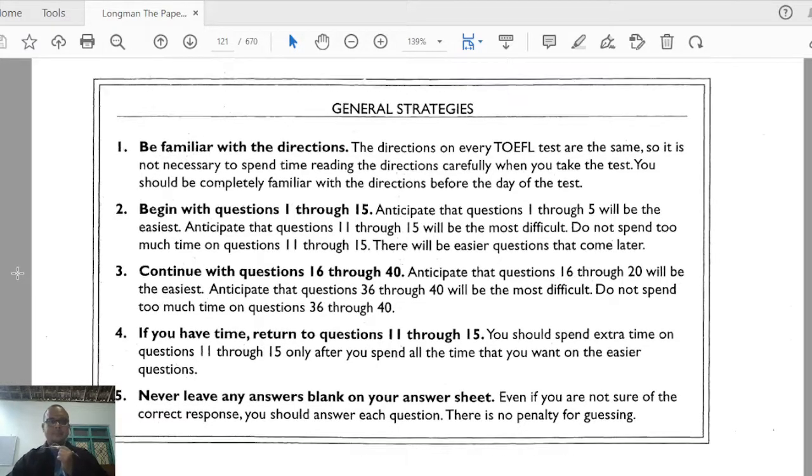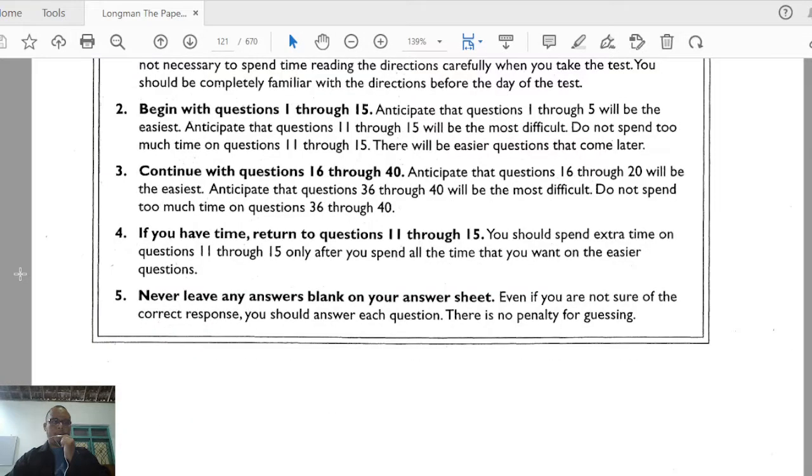Okay. And number 4, if you have time, return to questions 11 through 15. You should spend extra time on questions 11 through 15 only after you spend all the time that you want on the easier questions.